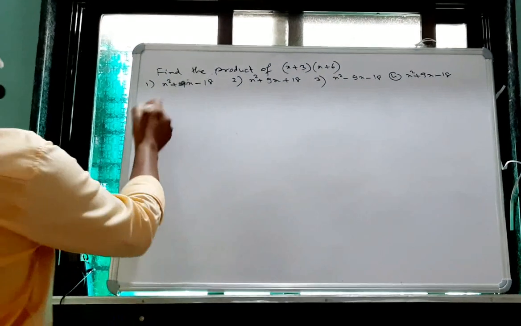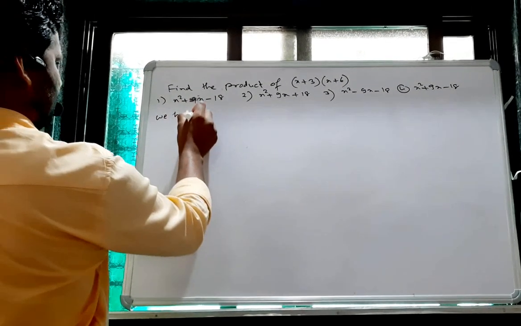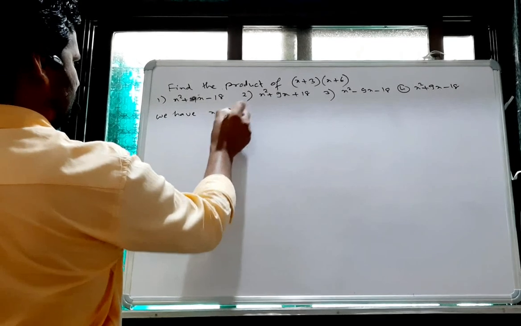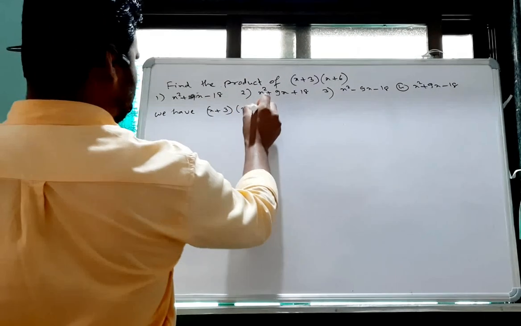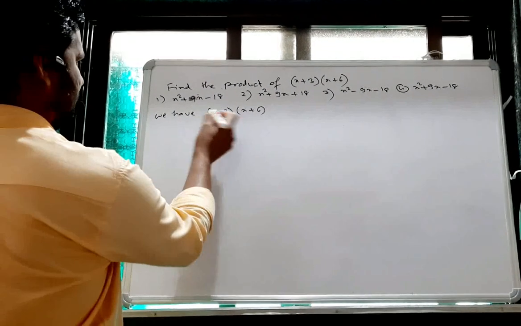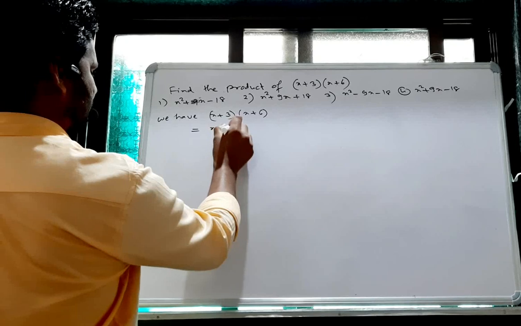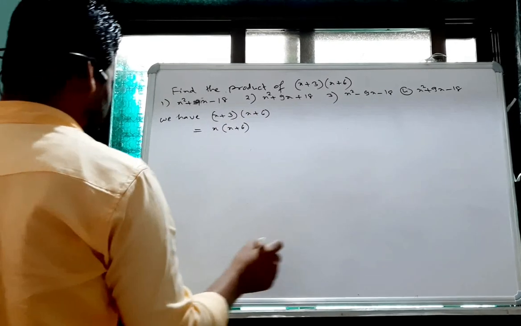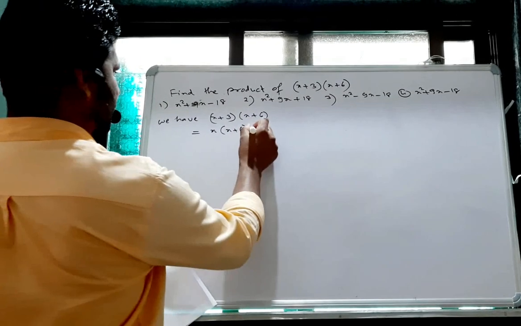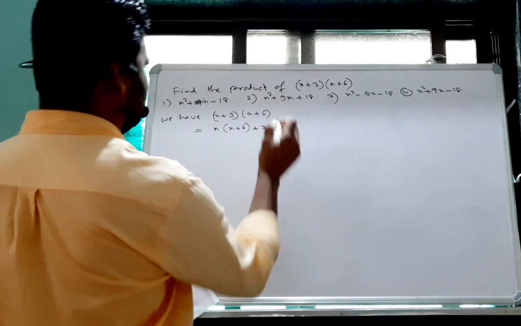It's simple. We want the product x plus 3 into x plus 6. Opening the two brackets, first we multiply x plus 6 by x, so x into x plus 6, then plus 3 into x plus 6.